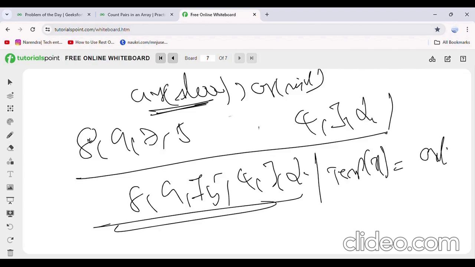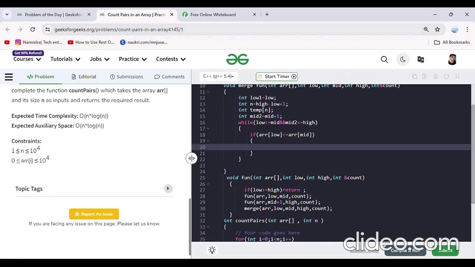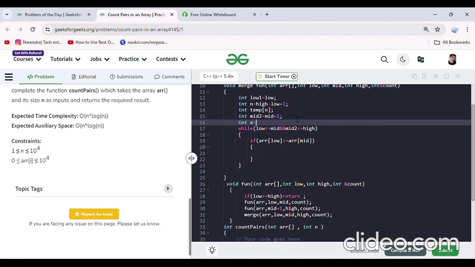I am taking the numbers which are greater first, then the smaller number. So here I am taking another variable, int x is equal to 0, temp of x plus plus is equal to ARR of low plus plus.